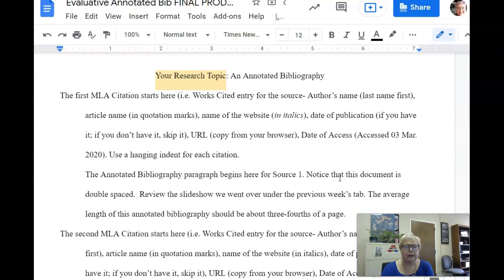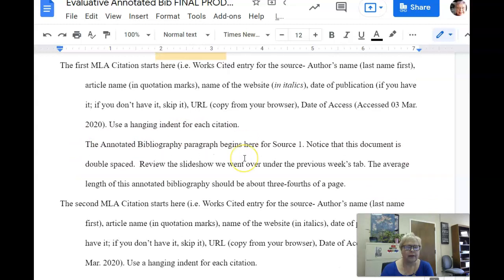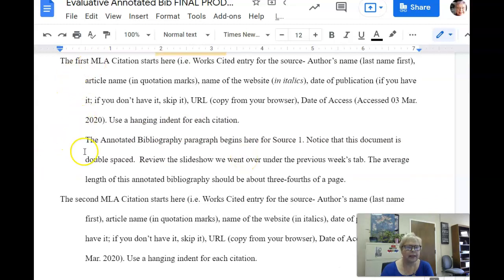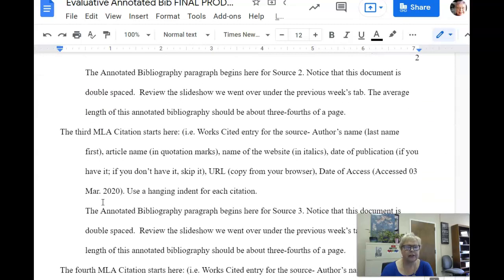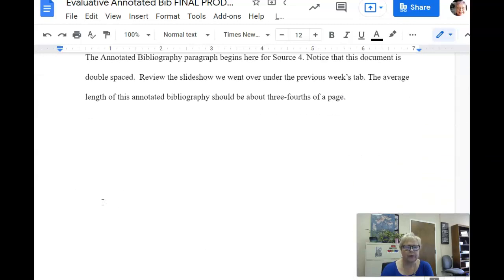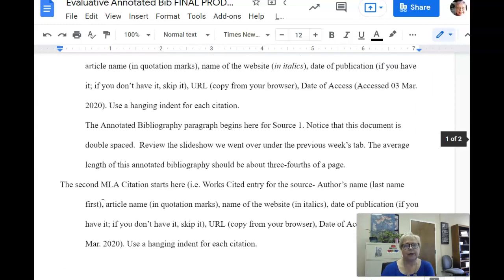And then your first MLA citation would start there, and you will go on and put that in the correct order it needs to go in, and then lined up with the indented part of your hanging indent, you will put your annotation underneath it, just like that. And then your second MLA citation, the third one, and the fourth one. And then you're finished with this.